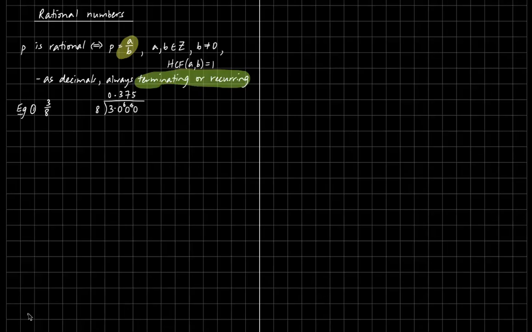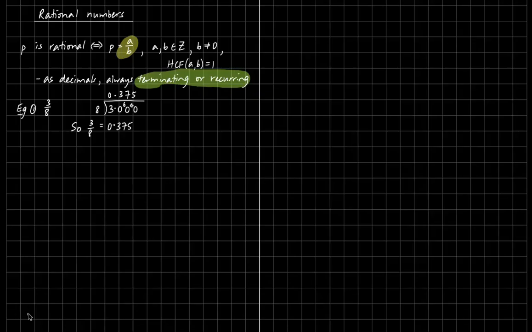So we're showing that indeed 3/8 is equal to 0.375. There's an example of a rational number or a fraction being a terminating decimal.